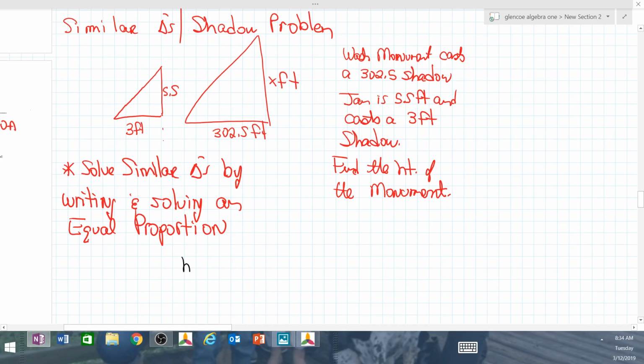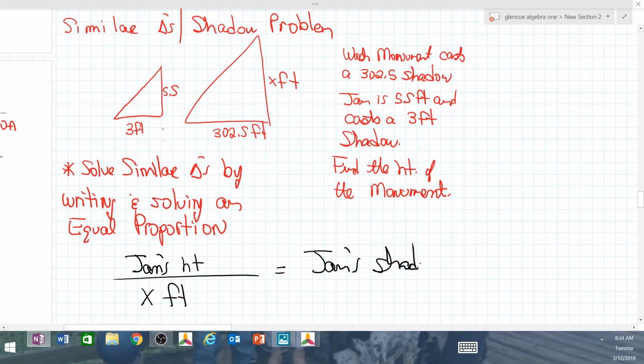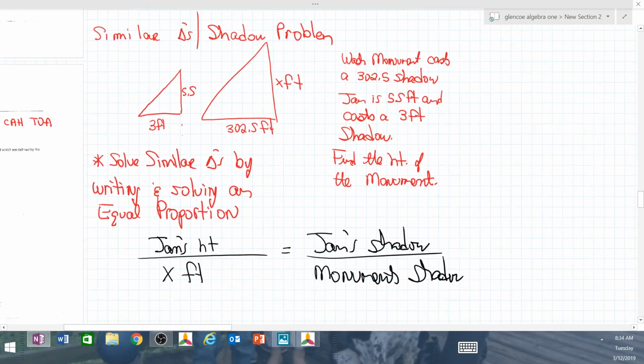And we're going to say Jan's height as compared to the height of the monument is equal to Jan's shadow as compared to the monument's shadow. So let's plug some numbers in and solve.